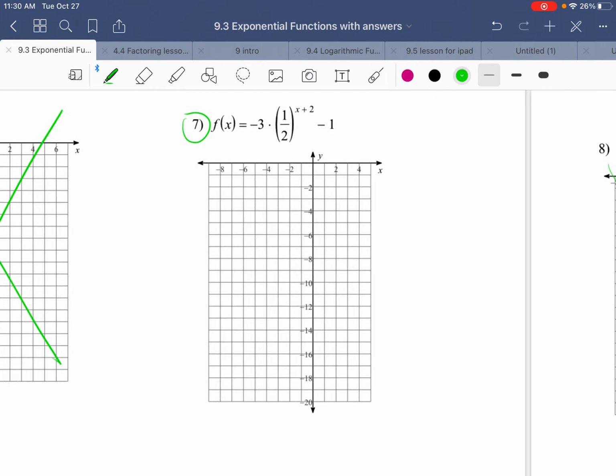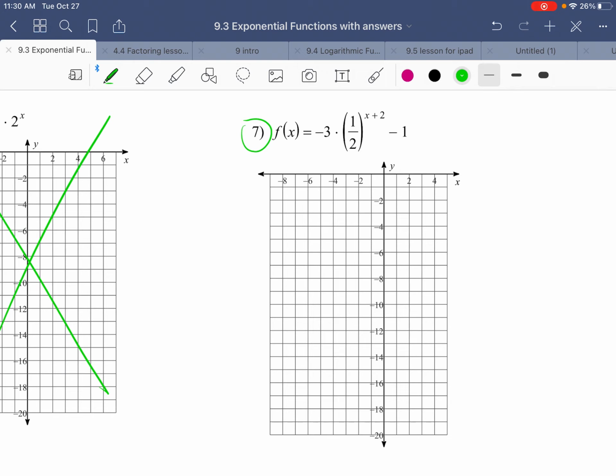So now let's talk about this one. We don't actually have to graph the whole thing if you don't want to. We can definitely talk about all the things that are happening. So the parent function would be right here. It's the shape of 1/2 to the x. The 3 does a vertical stretch.